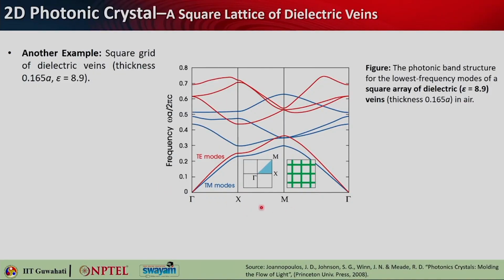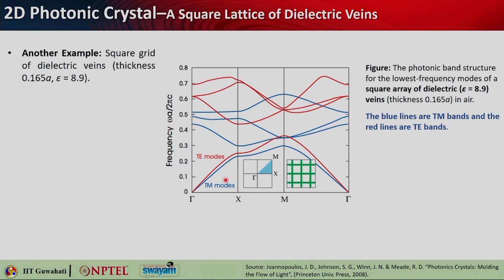Here we have considered the thickness of the vanes to be 0.165 a, and the permittivity is taken to be 8.9. Once you do that, you can plot the same dispersion relation with normalized frequency and k.